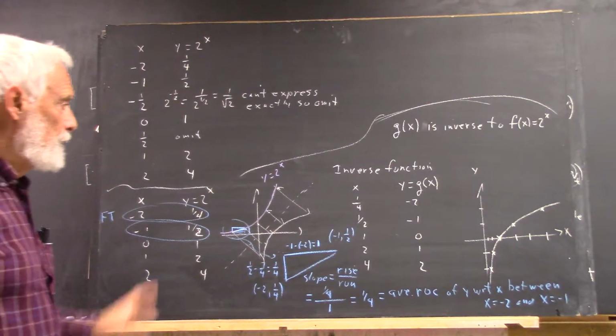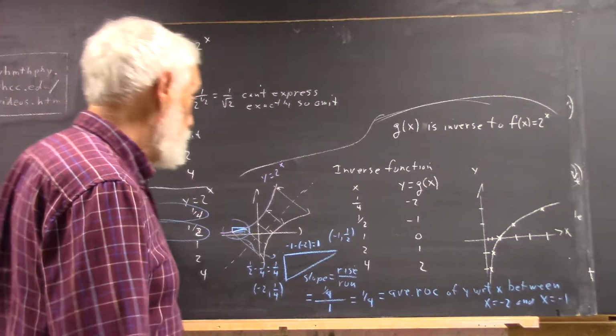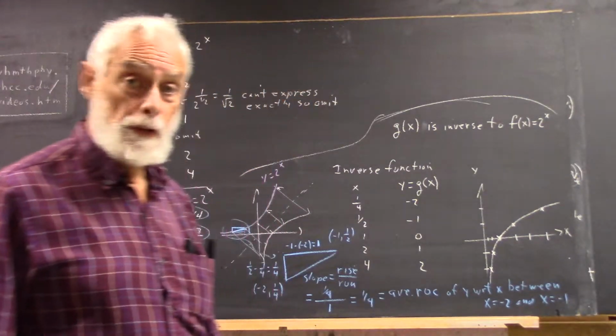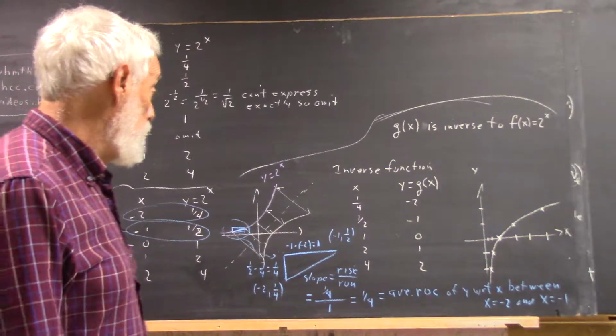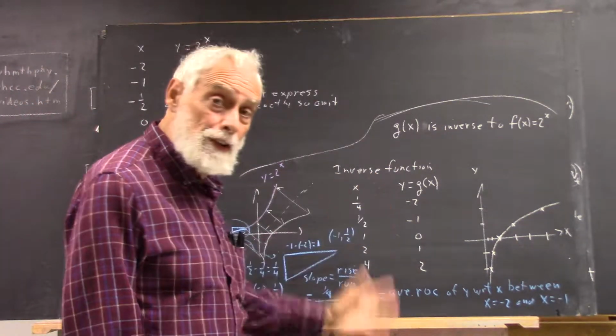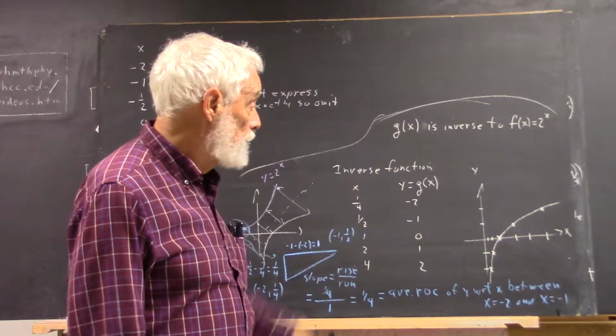Okay. Now we did more than that. One reason we did this is so we can talk about inverse functions. Because this is coming up probably next week in class. So we want to anticipate it. Okay, so we have inverse function.